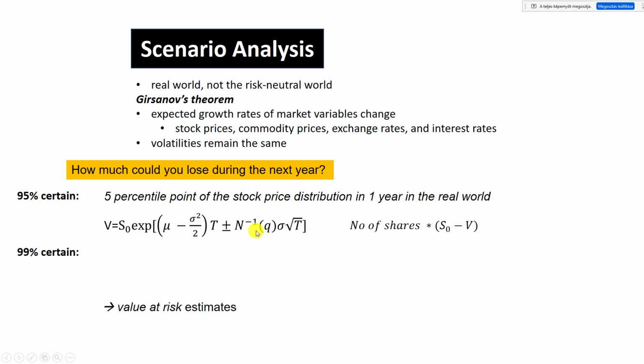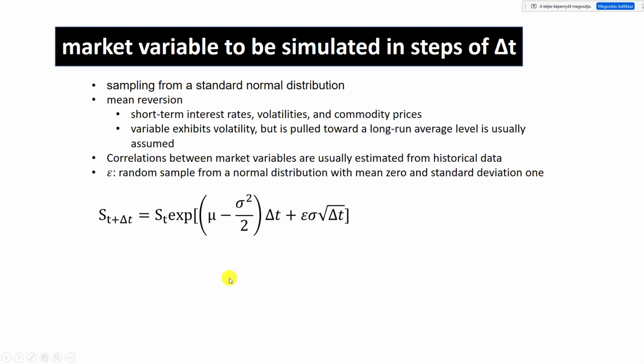This one is not, but we can use Excel to solve it, and once I have this V, let's take the difference from the spot price, multiply it by the number of shares, and also calculate its present value, and then happily I have the position. So yeah, what can possibly go wrong?